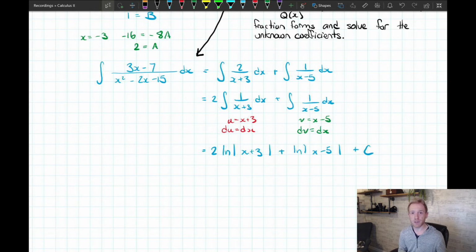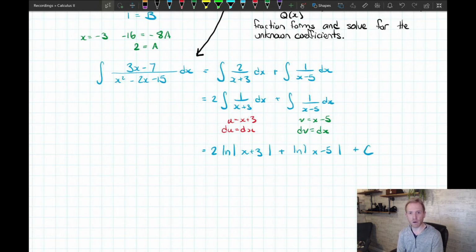Some of them are u substitutions, especially if it's a repeated factor, where you're going to end up using the power rule. And sometimes we've seen that a rational expression will involve arctangent, where we have to use that nice little integration formula. So those are the solutions you're going to expect for integrating rational expressions: natural logarithms, powers, and arctangents.